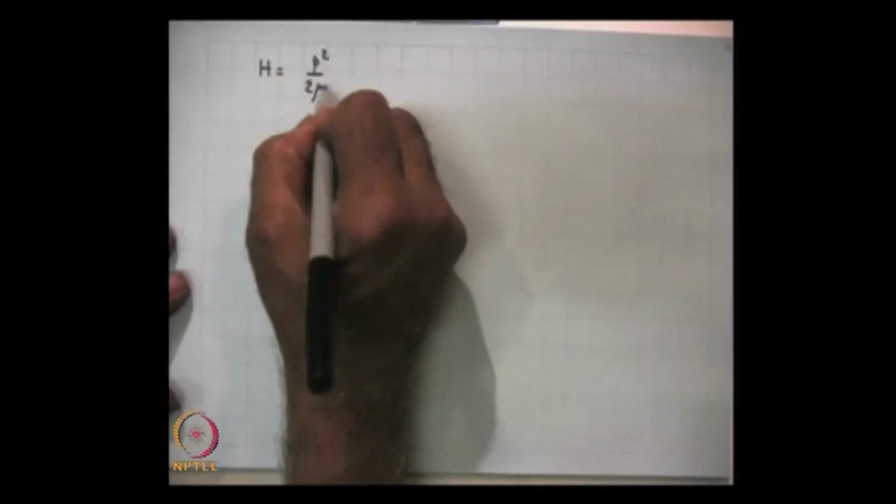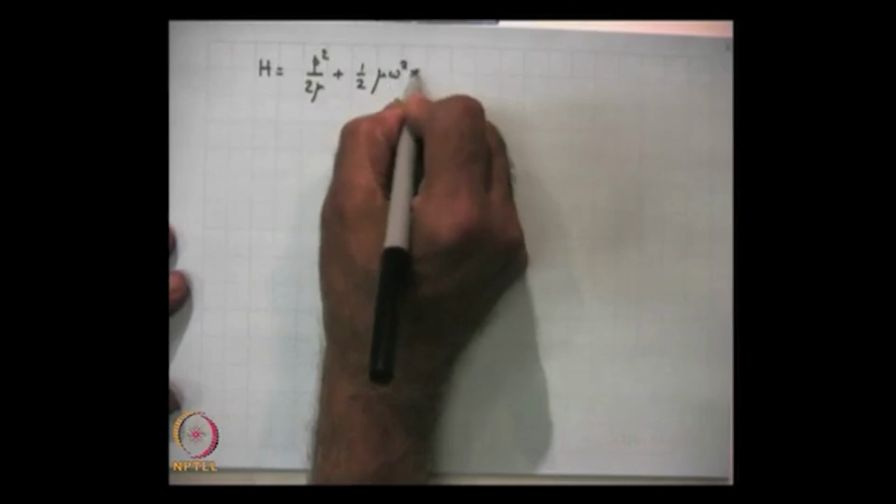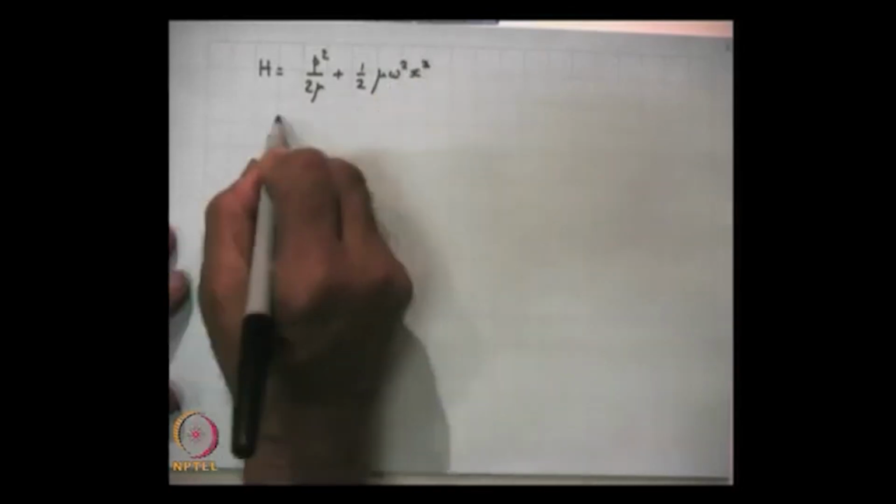Last lecture we were discussing the eigenkets of the operator A in the linear harmonic oscillator problem. For the linear harmonic oscillator, the Hamiltonian, as we all know, was equal to p square by 2 mu plus half mu omega square x square, and we wanted to solve the eigenvalue equation.